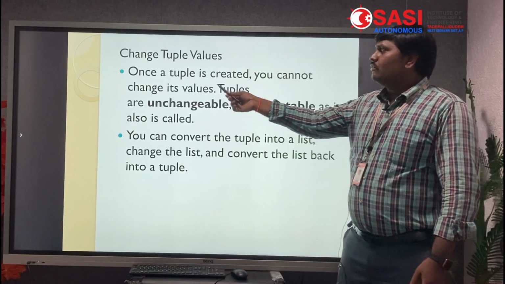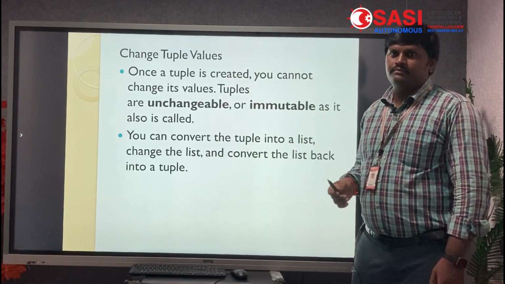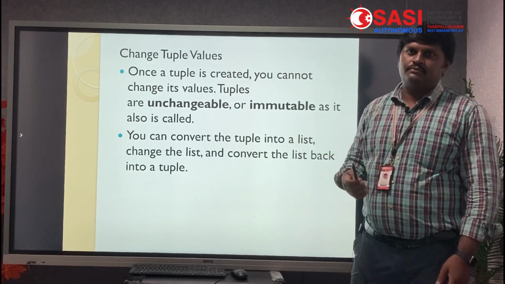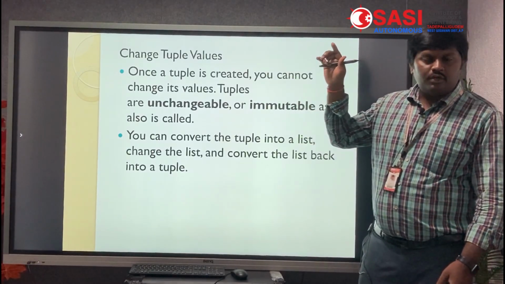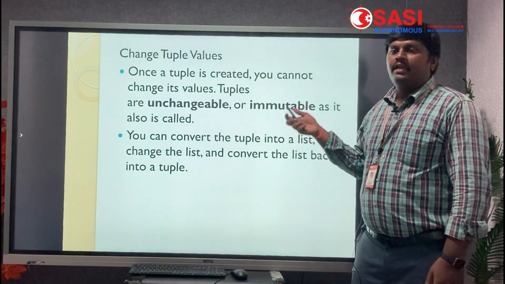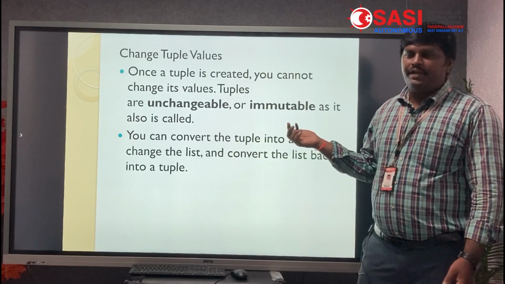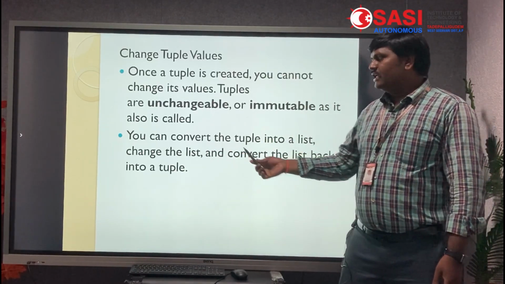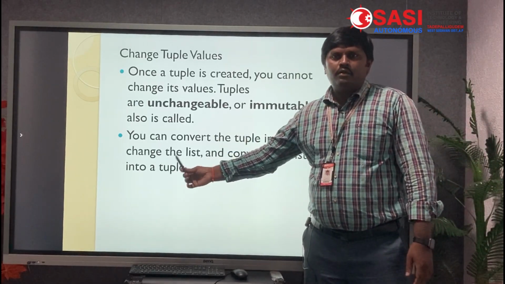Change tuple values. Once a tuple is created, you cannot change its value. Tuples are unchangeable or immutable. List items are mutable, and mutable means changeable. Unchangeable or immutable means not changeable. You can convert the tuple into a list, change the list and convert it back into a tuple.